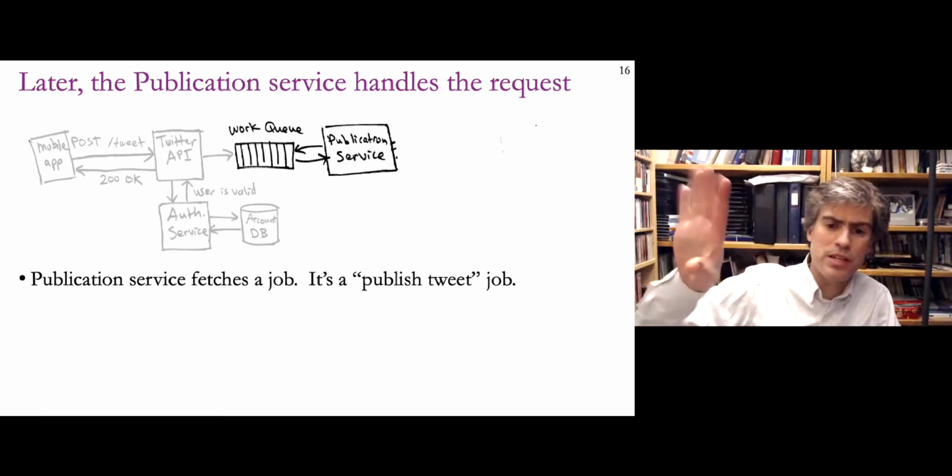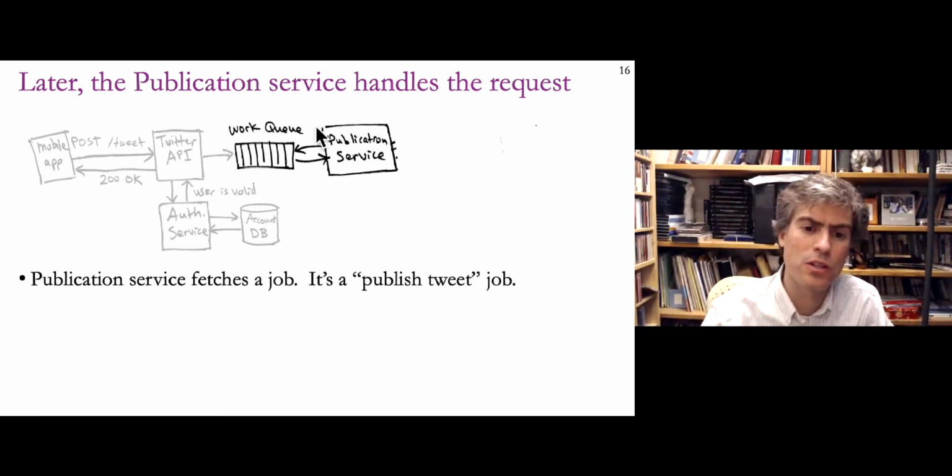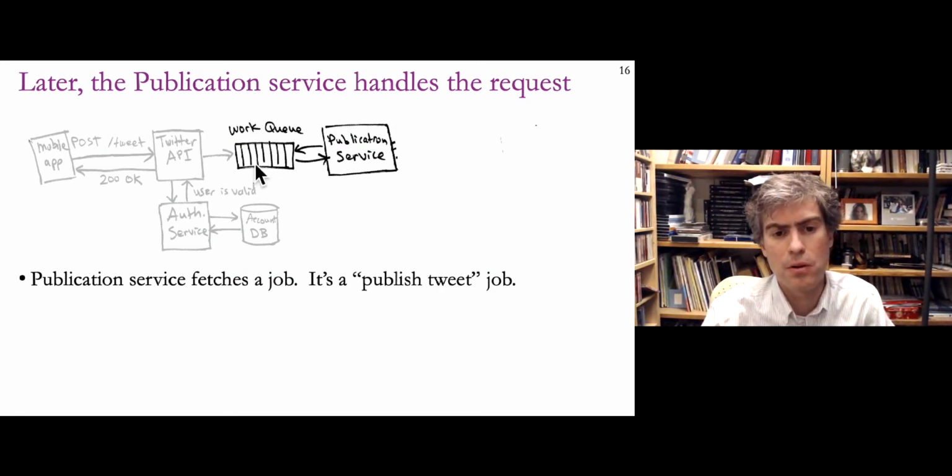So to look further down into the pipeline, this work queue of tweet publication jobs, or tweets that are queued up to be published, is handled by a publication service in this design. The publication service just continually in a loop pulls tweets off this queue.